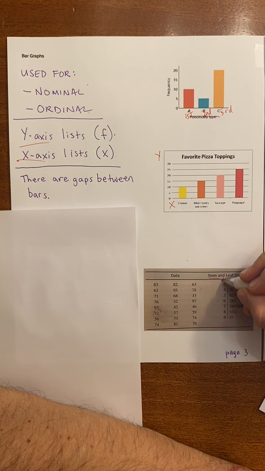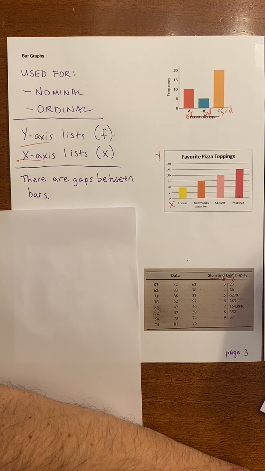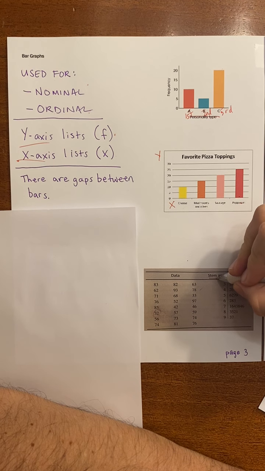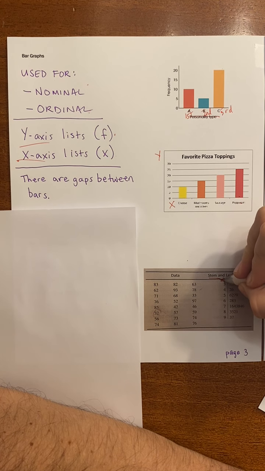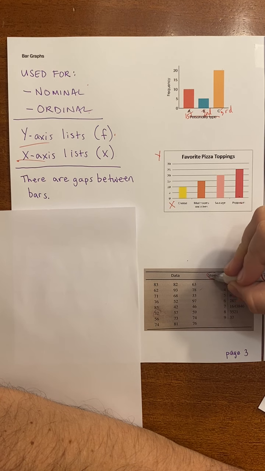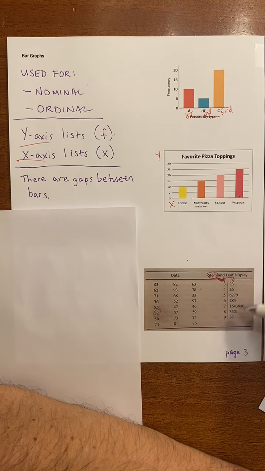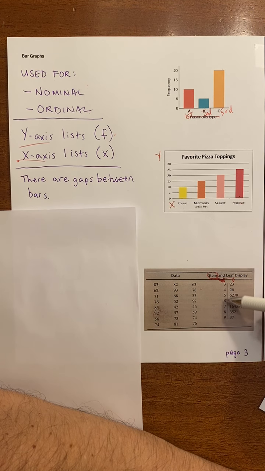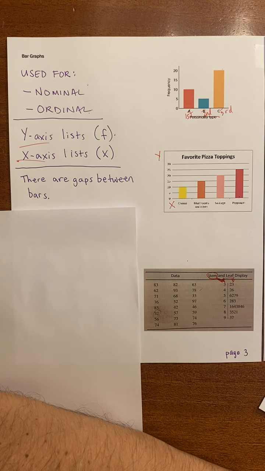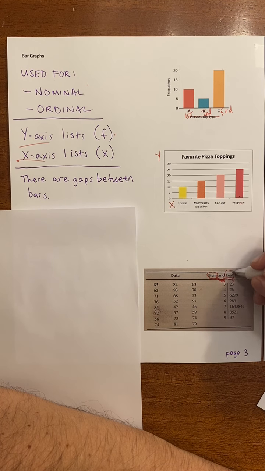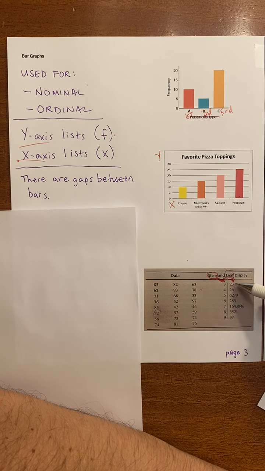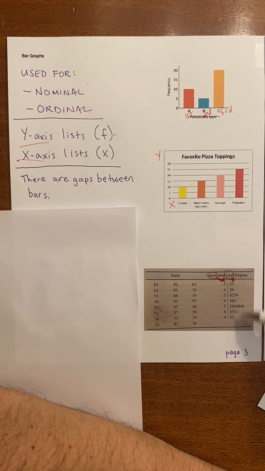You've got a group of numbers here and a group of numbers there. As it turns out, the first group is your stem, right? So that's your stem in this first column of numbers. The leaf, on the other hand, is the second column of numbers.